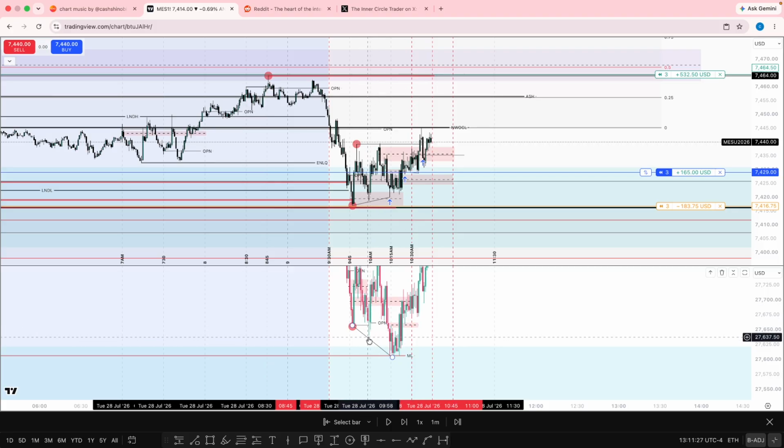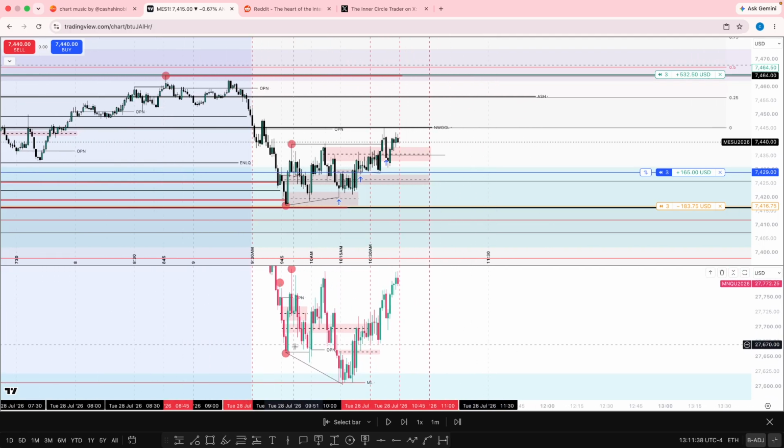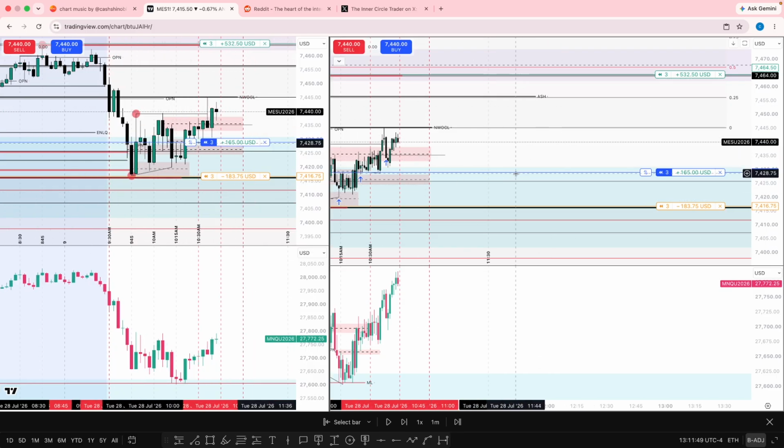This low was taken right here. 10 a.m., no lows taken. So you see, we made lower lows after 10 on MNQ, but higher lows on MES. Right? Perfect.